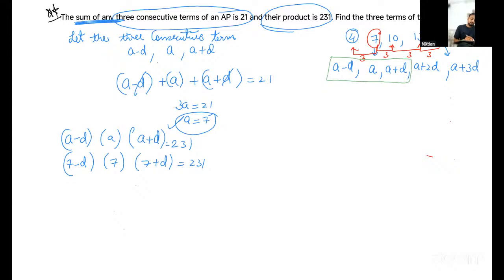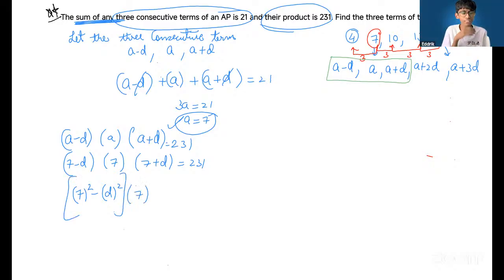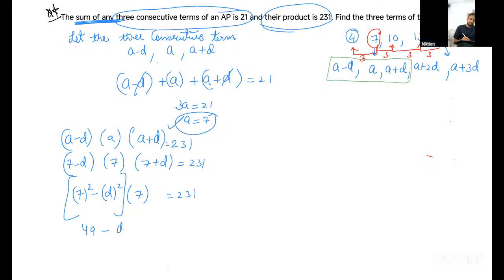Now this is in the form of A minus B, A plus B. It becomes A square minus B square, which is 7 square minus D square into 7, that is, 49 minus D square into 7 is equals to 231.